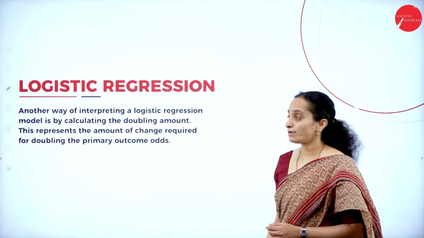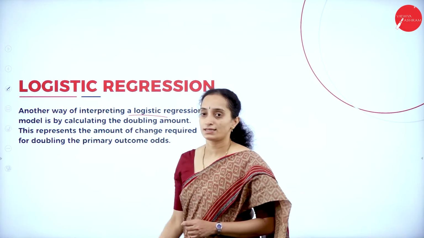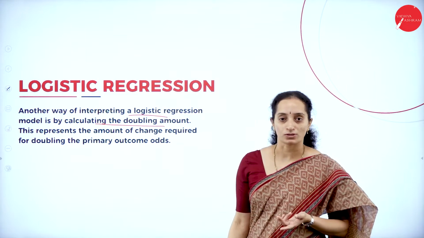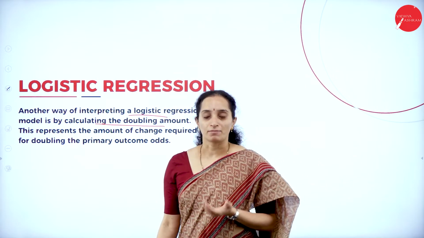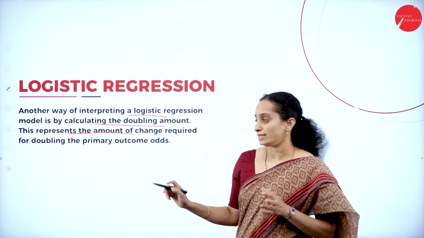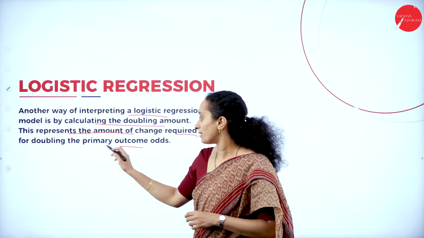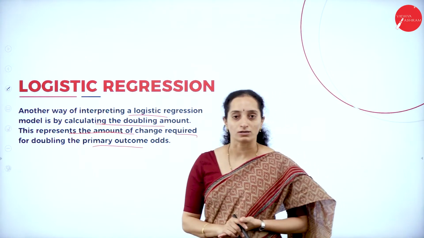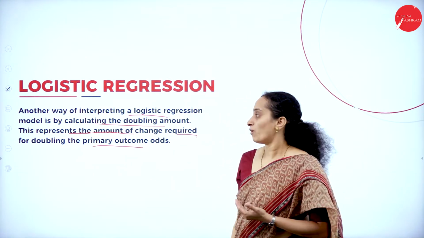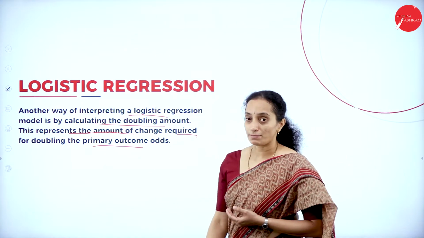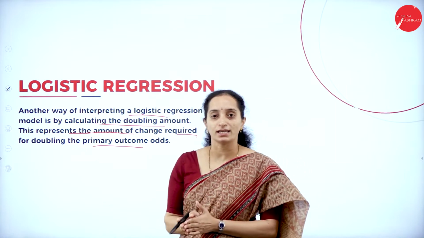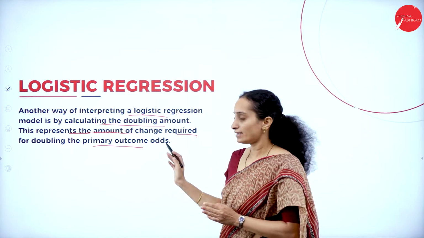Another way of interpreting a logistic regression model is by calculating the doubling amount. This represents the amount of change required for doubling the primary outcome odds. So the doubling amount represents how much change may be done in the future.